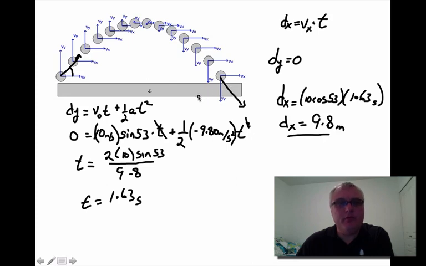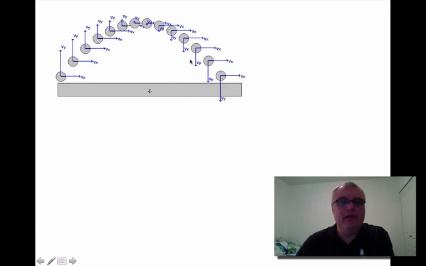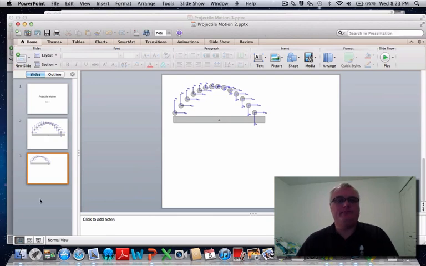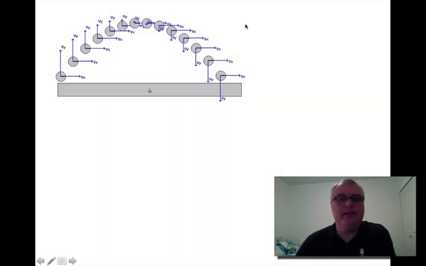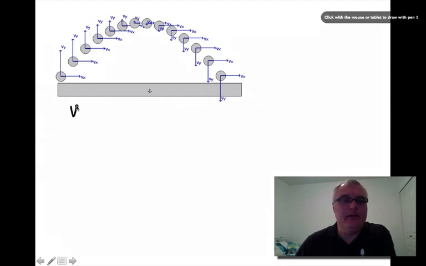Let's go through and actually prove that though. So let's find first the final y component to the velocity. So again, to find that, I know that vy is going to be equal to the initial component plus a times t.